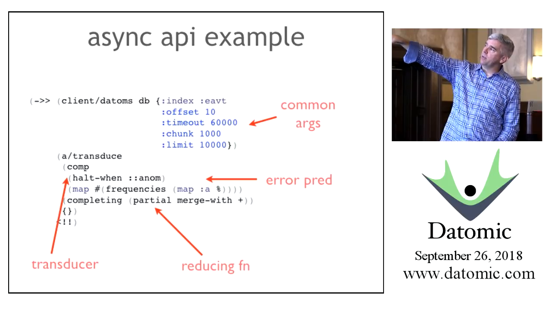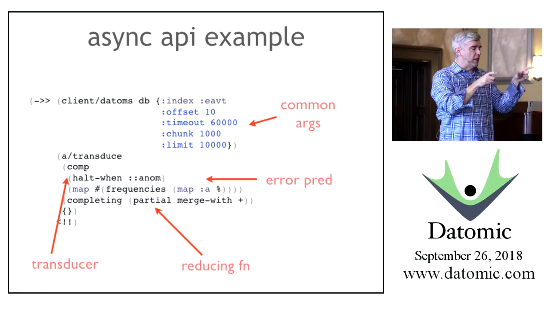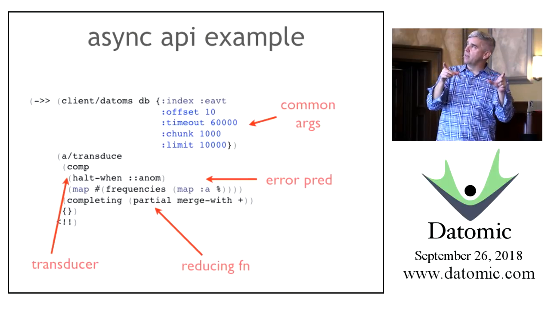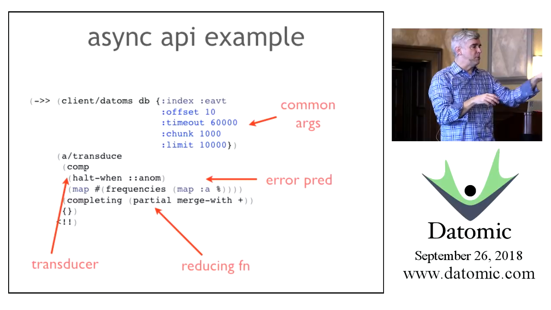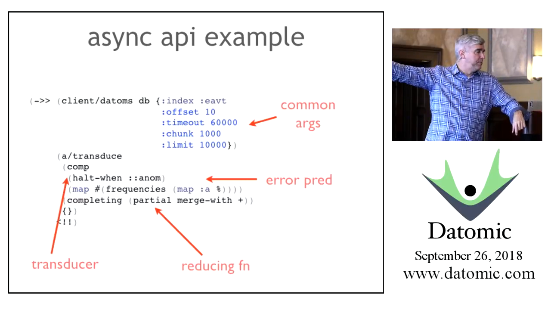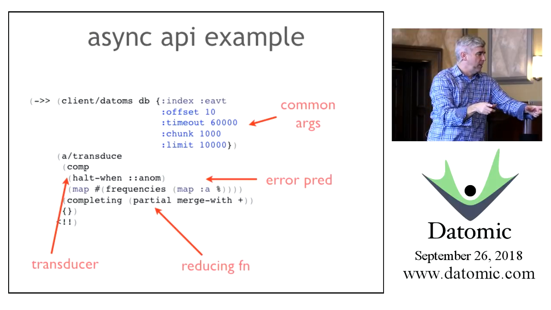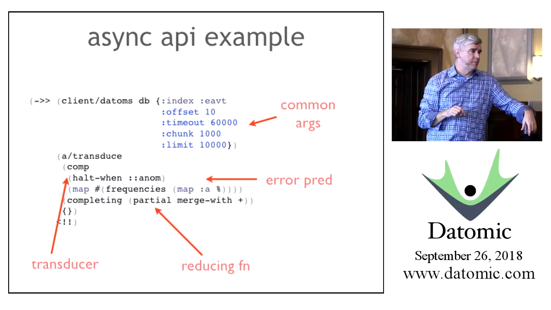And then that map frequencies of A is calling frequencies on it a chunk at a time. So it gets back a chunk of 1,000 things, and it gets a frequency table that says there was this many of this attribute, and this many of that attribute, and this many of that attribute. Then it rolls them up by merging them. So every sub-frequency table is being merged, adding together the results, and we get back an aggregate frequency table.